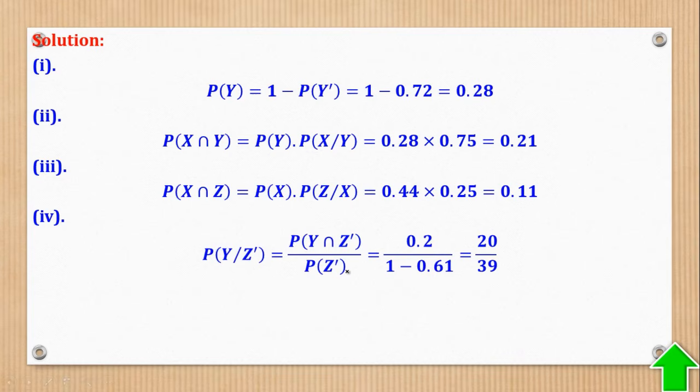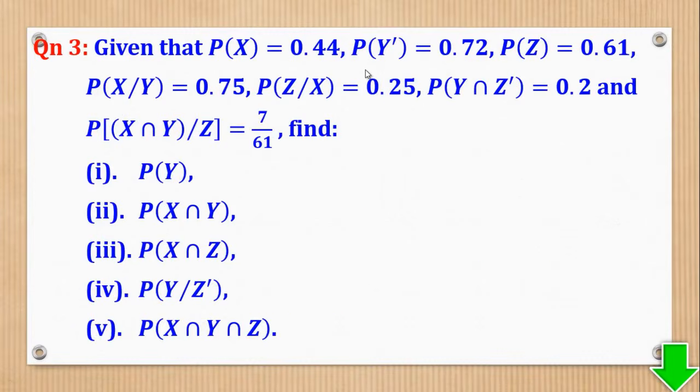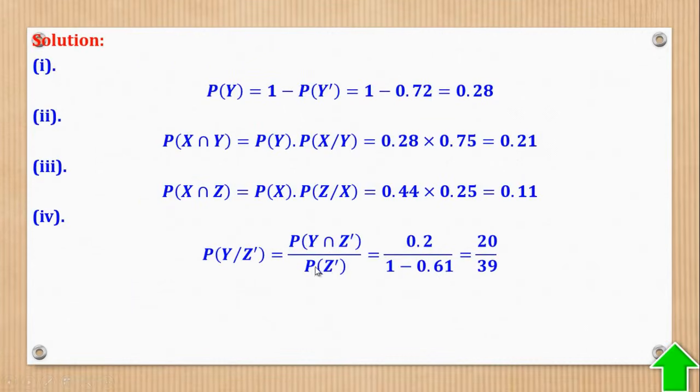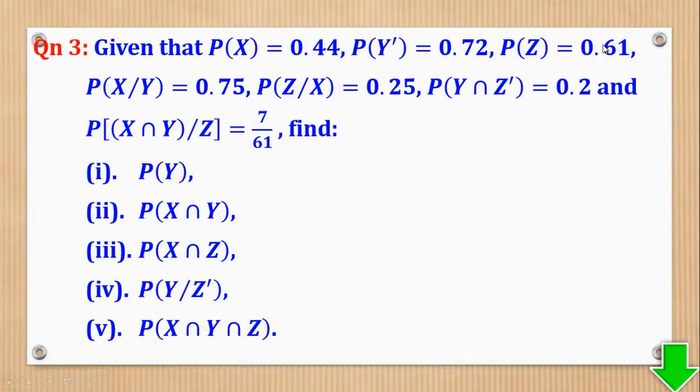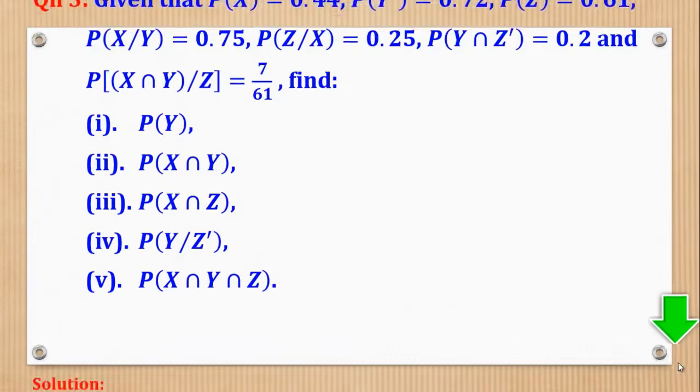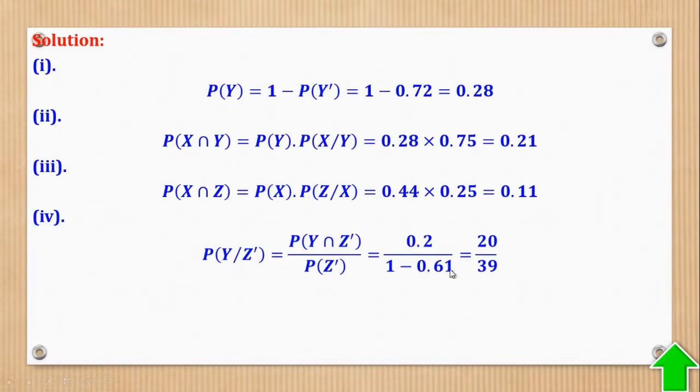The good thing is that in the question I have probability of Y intersection Z complement, which is 0.2, here. And probability of Z, I already know it: in the question, probability of Z is 0.61. Therefore the complement can be got by saying 1 minus that probability, and in the end I'll come up with 20/39 as the answer they want.